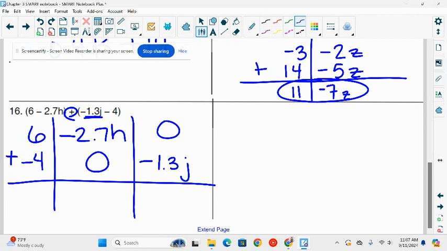And what does 0 represent? Nothing, and there's nothing there. So what's 0 plus negative 1.3j? Just negative 1.3j. Put it in your calculator. 0 plus negative 1.3 is just negative 1.3j.